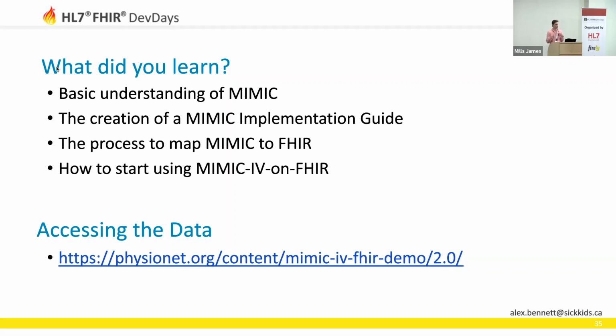The demo data set of 100 will be openly accessible, and then the full data set will be for credentialed users, and that's PhysioNet's setup. To become a credentialed user, you need to go through a training and sign off and say, I won't try and figure out who these patients are in this PHI.